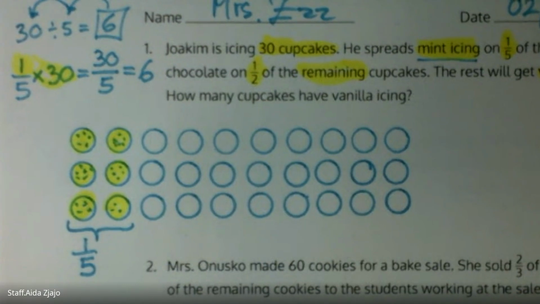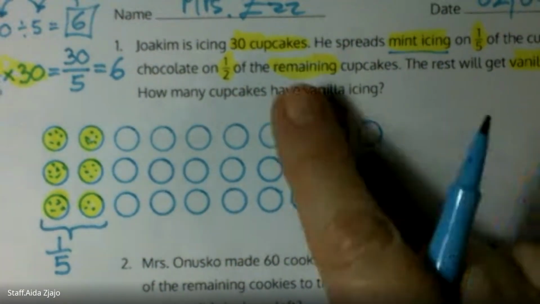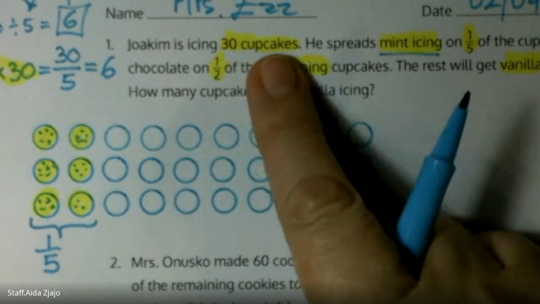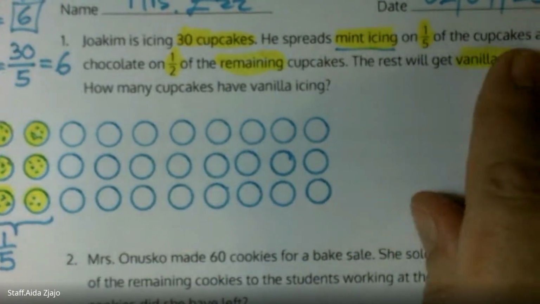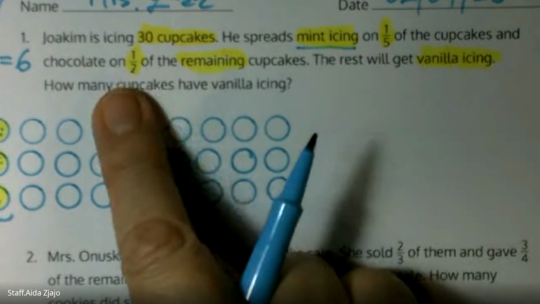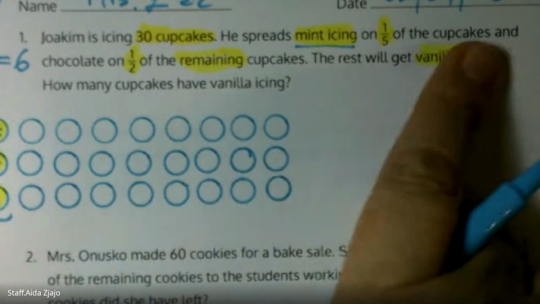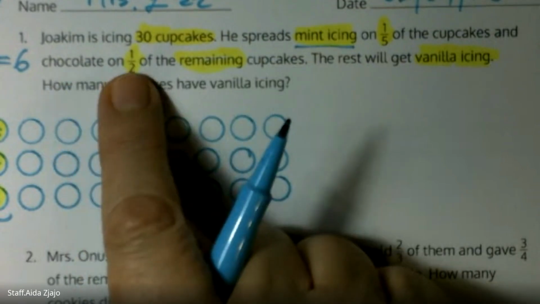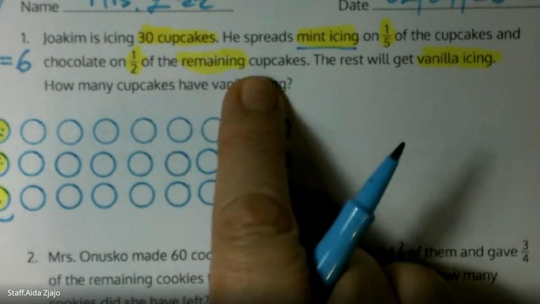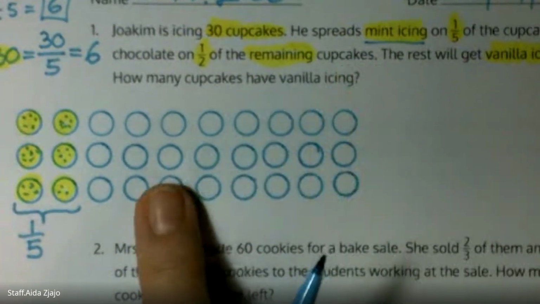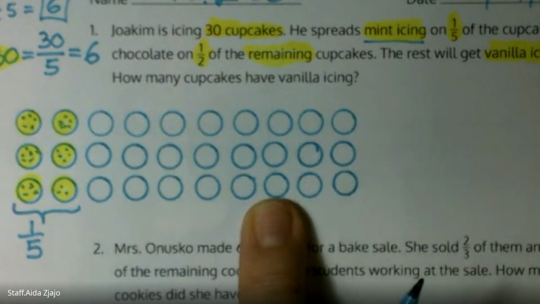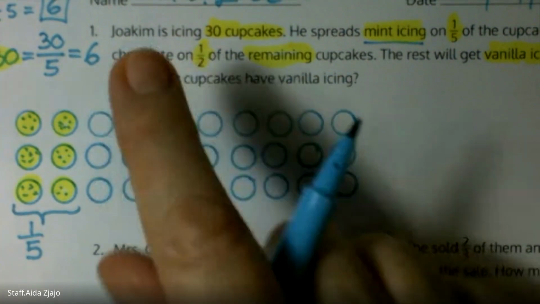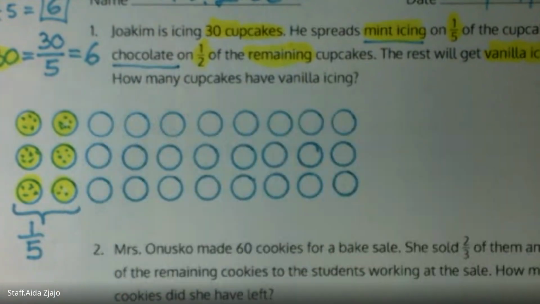Okay, then we need to reread the story again. Jakim is icing 30 cupcakes. He spread mint icing on 1/5 of the cupcakes, and that's what he did. And chocolate on half of the remaining cupcakes. So half of the remaining needs to be chocolate.